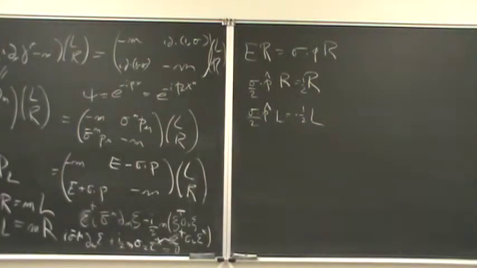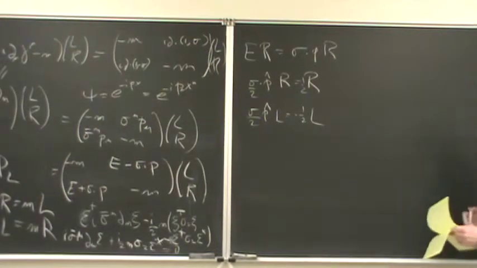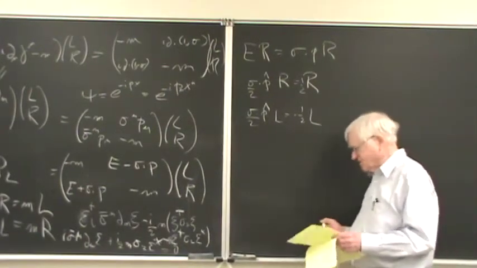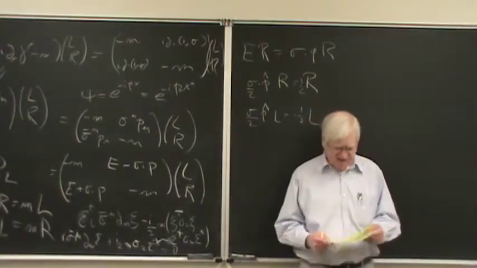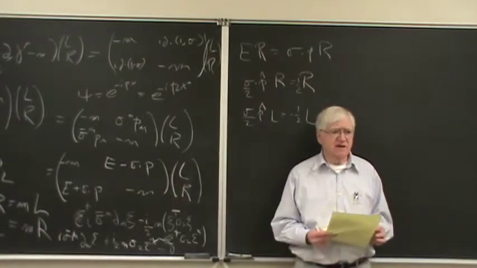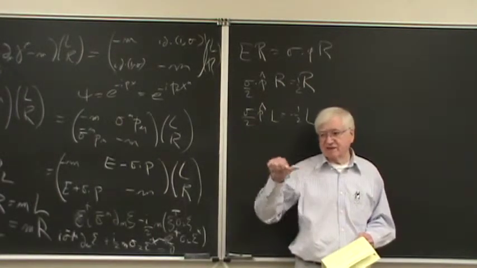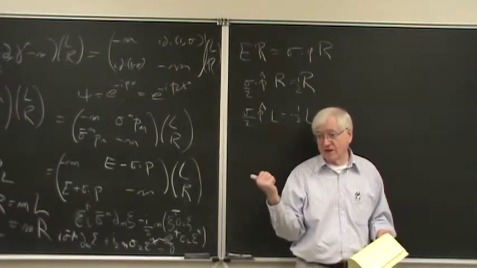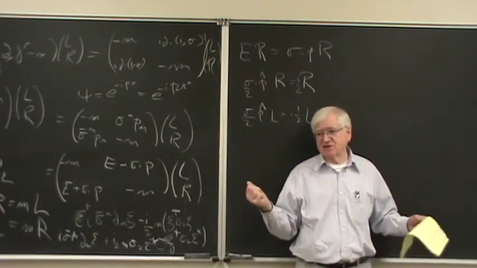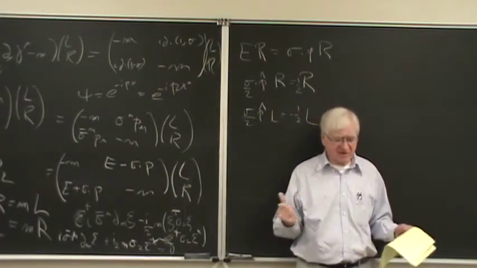And so what happens is you have the right and left-handed fields, when they're massless, they create particles of definite helicity. And this is true of any spin. It's also true for the photon, of course, it has positive or negative helicity always, or a linear combination, but it's positive or negative.